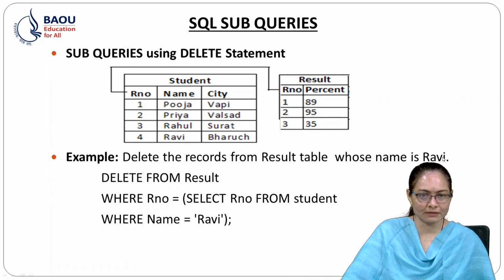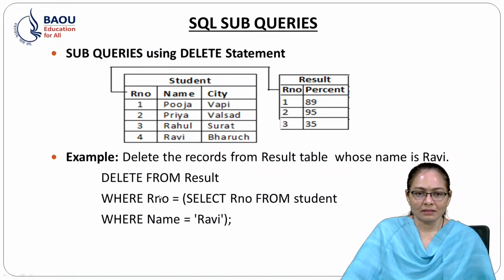Whose roll number is Ravi's? So we write where roll number is equal to, in brackets, select roll number from student where name is equal to Ravi, because the name column is given in the student table and the result table does not have a name. So we write this type of command.